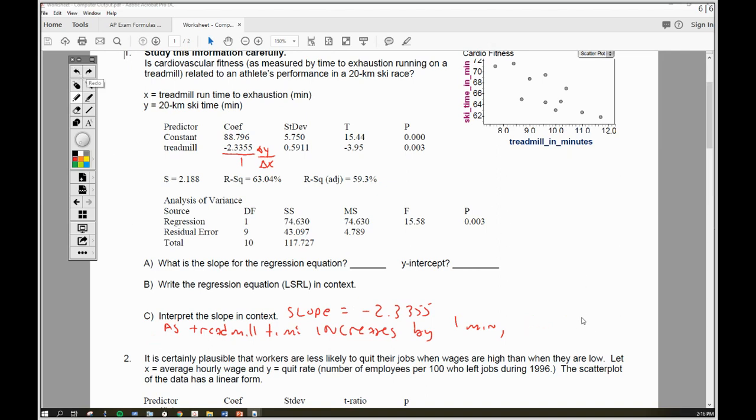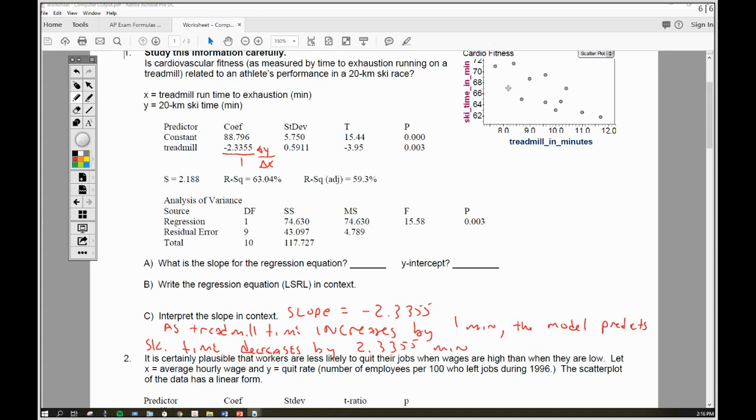We could say on average or something like that, but what we're really saying is the model predicts ski time decreases by 2.3355 minutes.